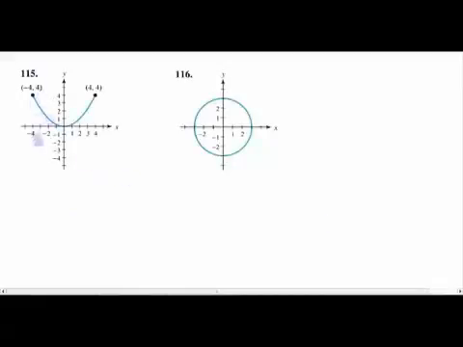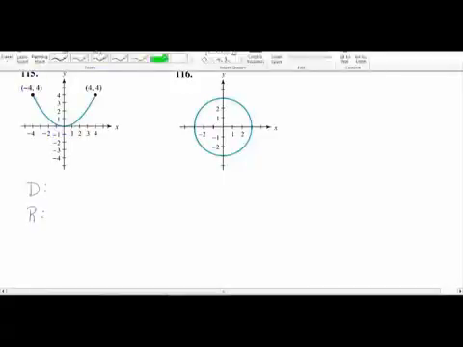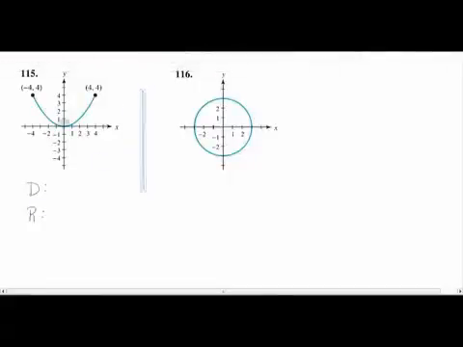Let's see, would a vertical line test pass here? Yes. This is going to pass the vertical line test, so let's find the domain and the range. Now, when you're finding the domain, it's also helpful to roll your pencil across. If we rolled our pencil across with a vertical line here, what is the first x we come to?